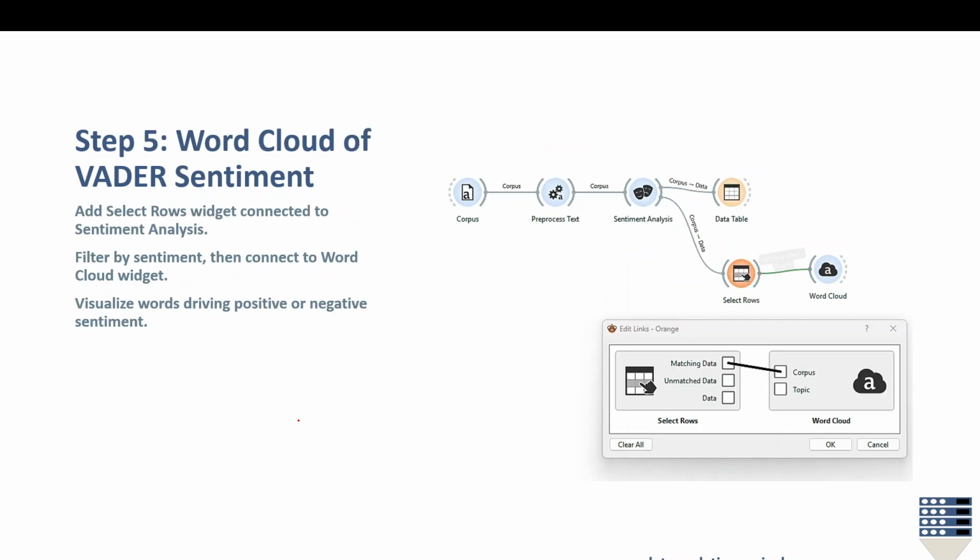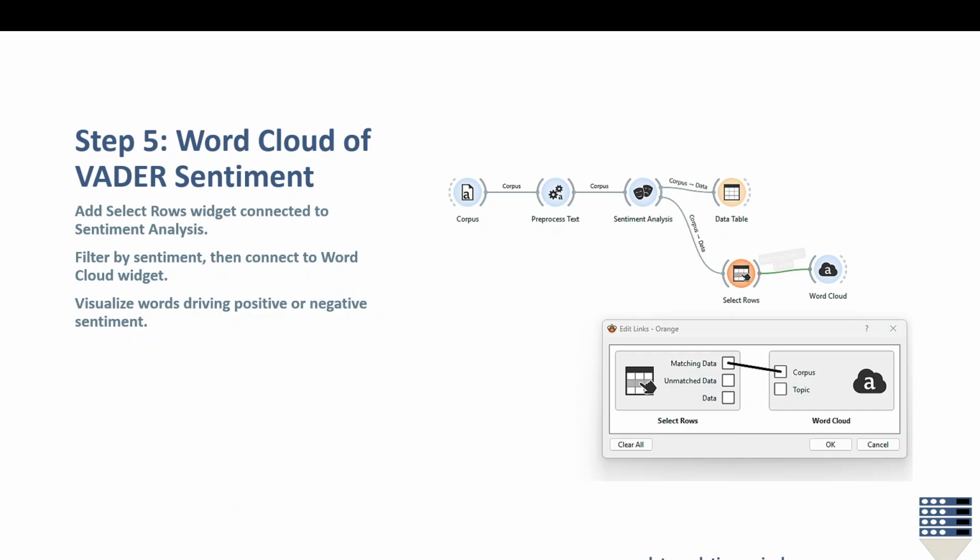And then a neat thing you can do, because you have all of the different scores, like a positive score and a negative score, is use a widget to select rows and then make a word cloud specifically of the positive words, to get a sense of what the good things are that people are saying about the bakery or whatnot, and what the bad things are. That gives you a basis for analyzing things.